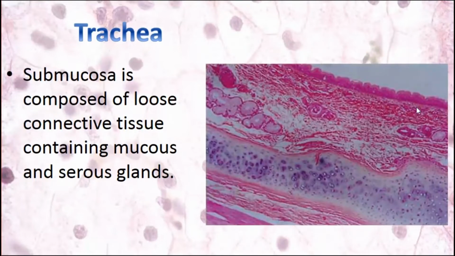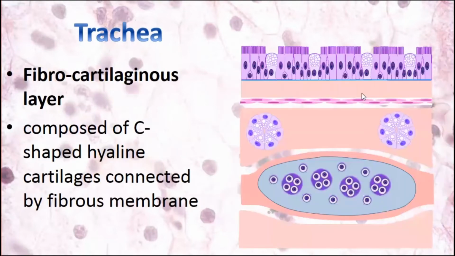It's epithelium, lamina propria, and in submucosa we can see glands. They may be mucus, they may be serous, very similar to small salivary glands. These glands produce mucus and serous secretion, which covers the surface of the respiratory mucosa.